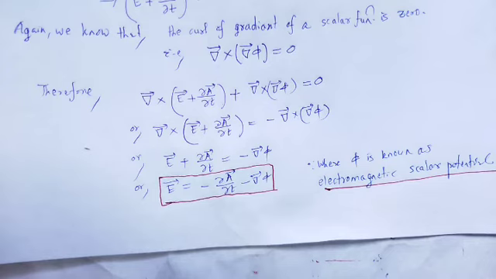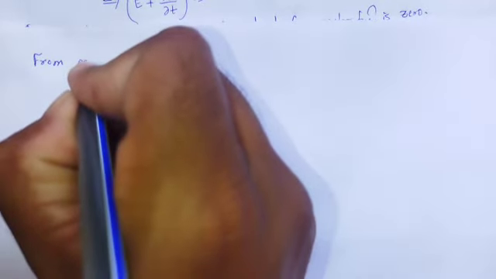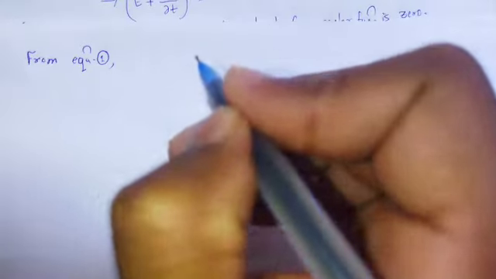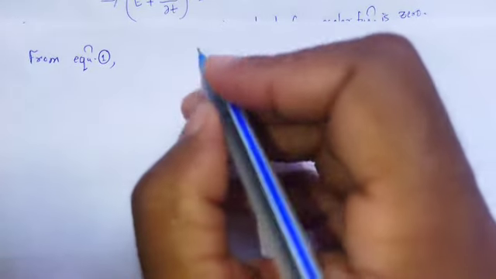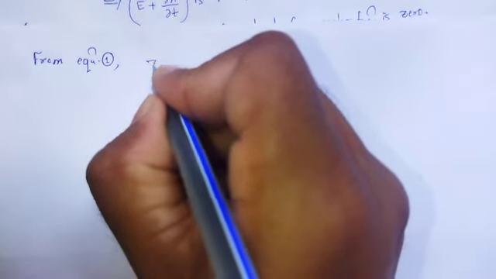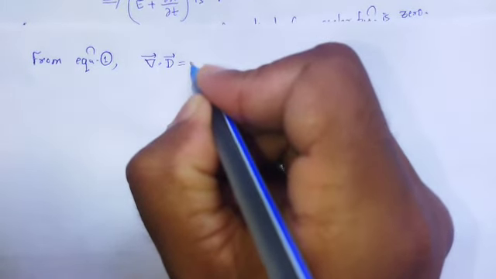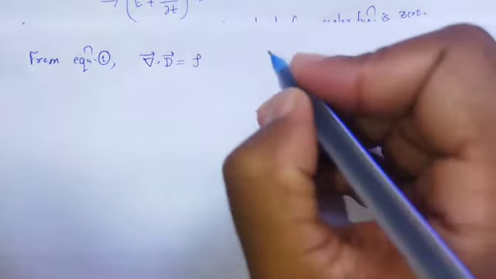Next, from equation number 1, grad dot D is equal to rho.